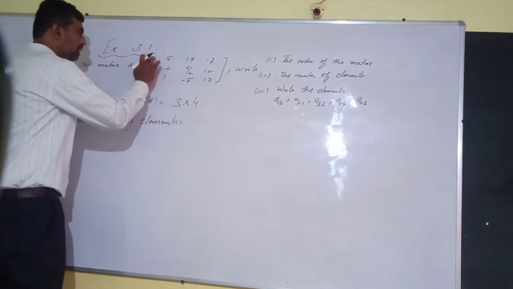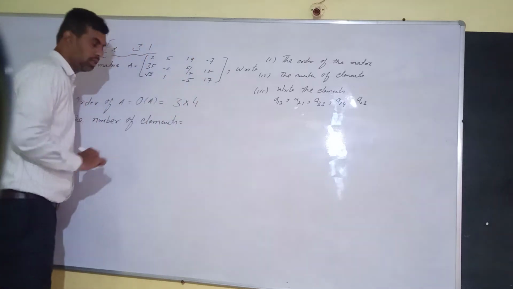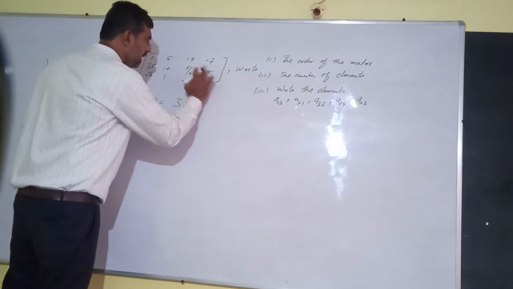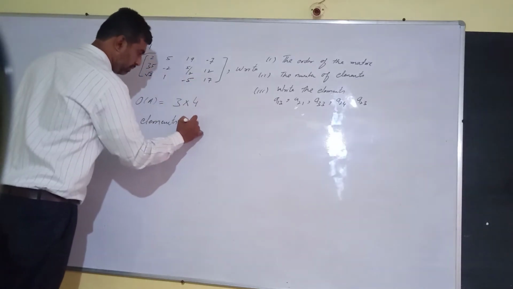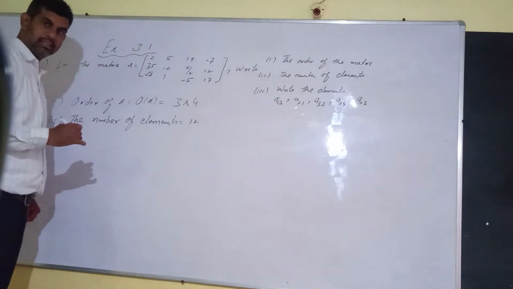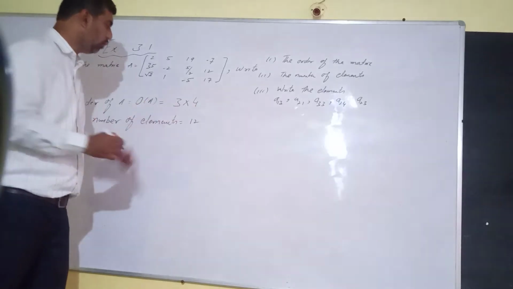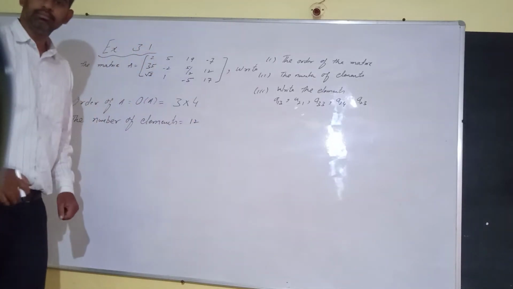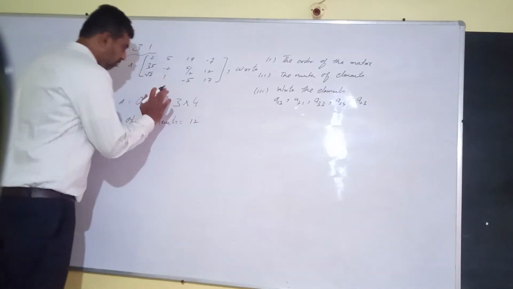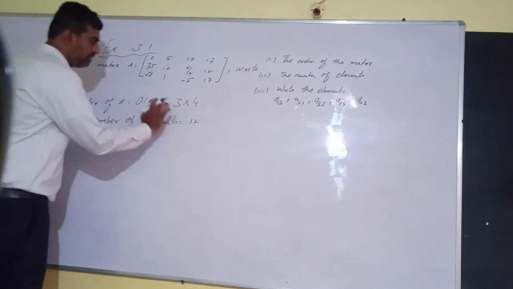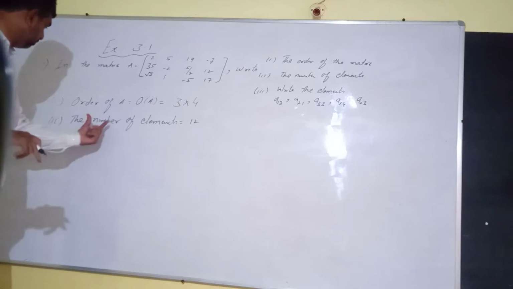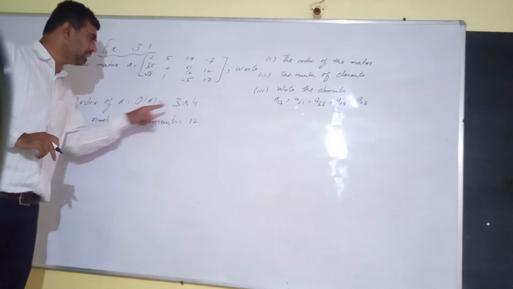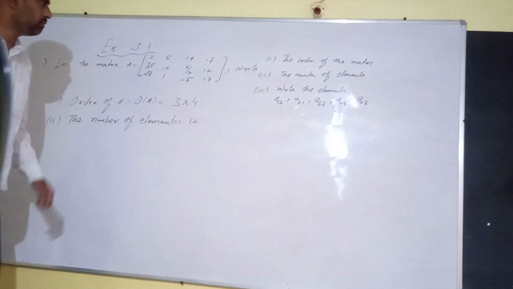Either you count 1, 2, 3, 4, 5, 6, 7, 8, 9, 10, 11, 12, or else just multiply 3 into 4, which is 12. While writing the order, we read it as 3 cross 4. But for the number of elements, it is 3 into 4, 12.